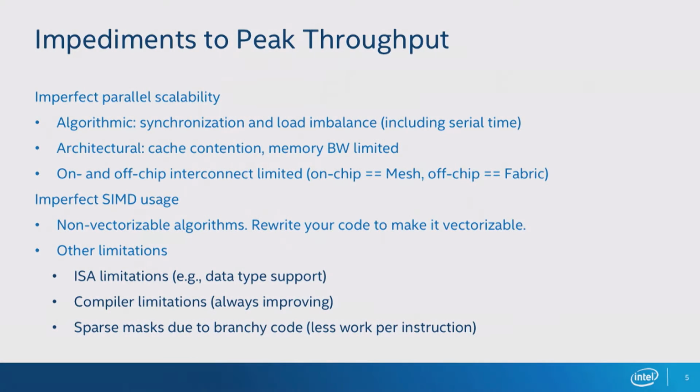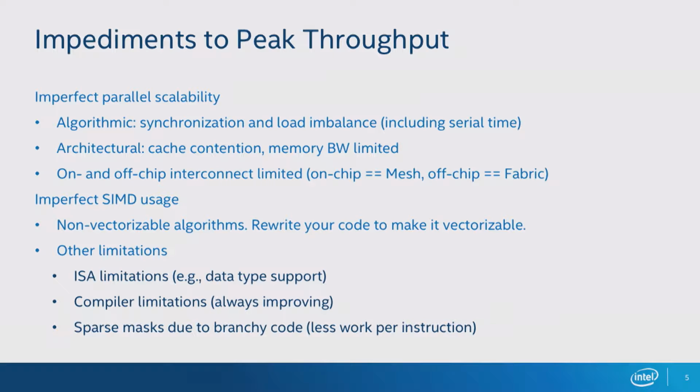Architectural reasons for imperfect scalability are either I'm not using all the resources of the machine, or I've got some kind of a conflict on some resources that's bottlenecking me. So James mentioned cache. If I'm only using a quarter of the cache because of bad memory alignment, then that will cause my machine to stall, which will prevent me from doing useful work with all the machine cycles.